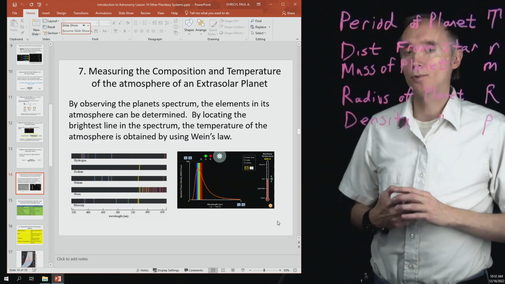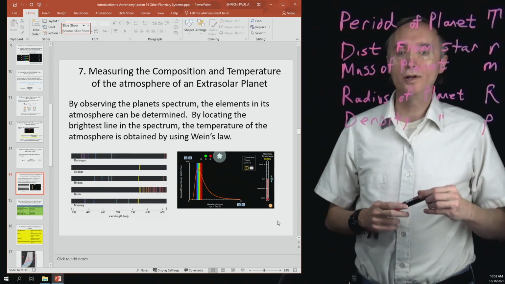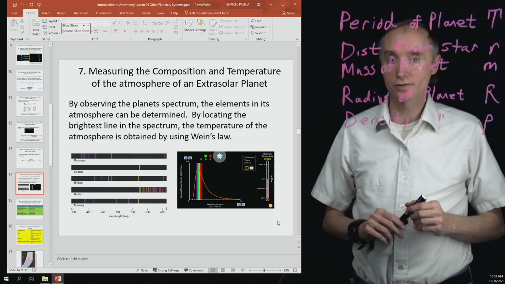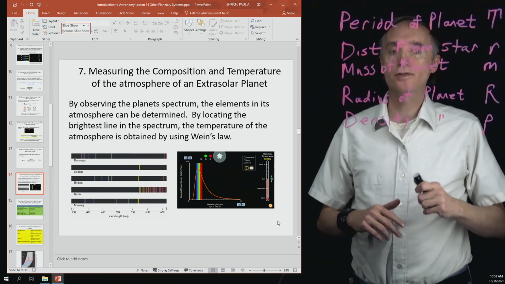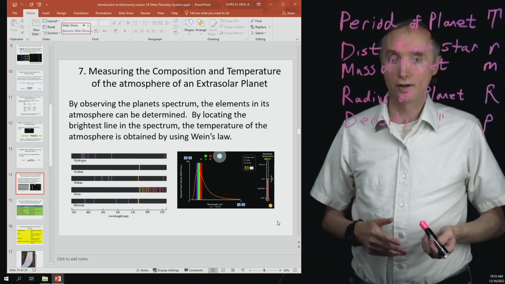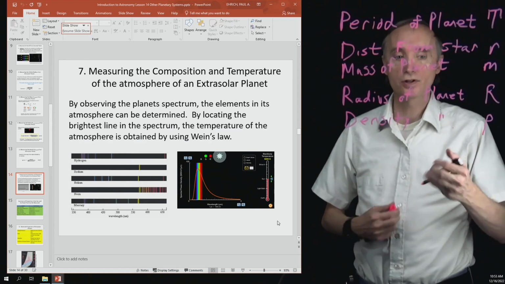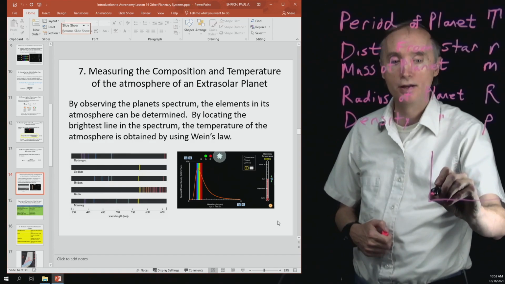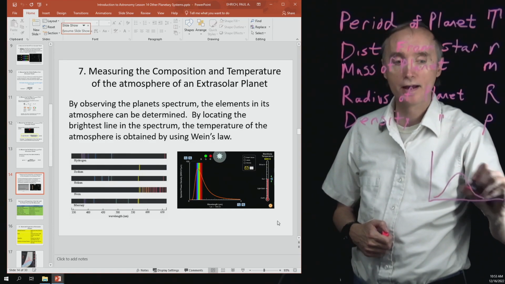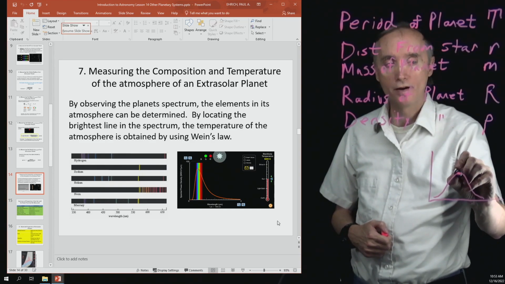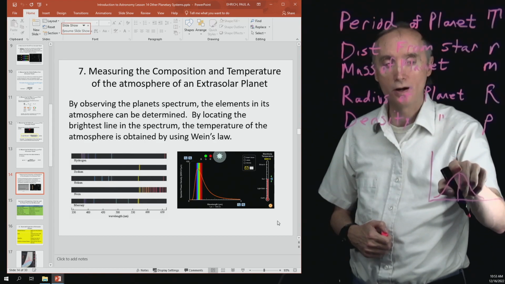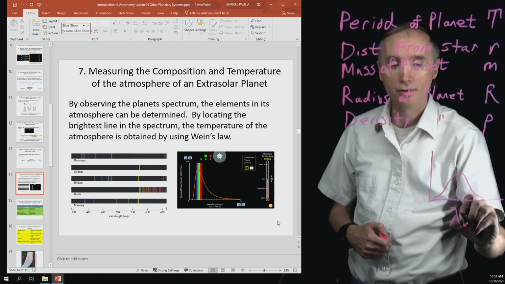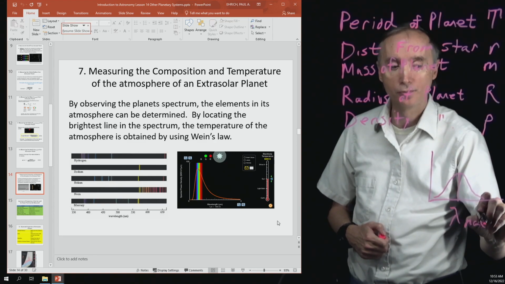All right, the next thing that we're going to look for is which color in the spectrum is the brightest. That's going to tell us our maximum wavelength. We talked about black body spectrums and how they would have a hump like that, and whatever wavelength corresponds to where it has its maximum, we call that lambda maximum.